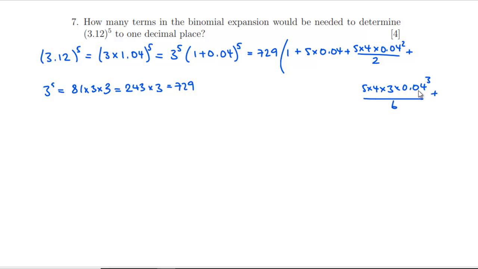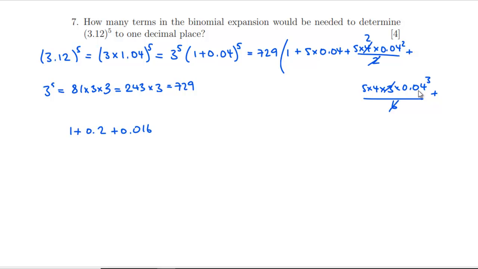So we just need to, well, we know what we're going to, 1 decimal place, and we're multiplying by this 729. So we're going to need to get quite a long way down. So it's certainly not going to be this, because we've got 1 plus 0.2. Then we've got, what's this going to be? That's going to cancel with that to make a 2. So we've got 10. So that's going to come out at 0.016. So we're still nowhere near where we want to be.